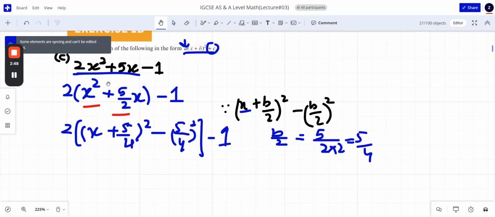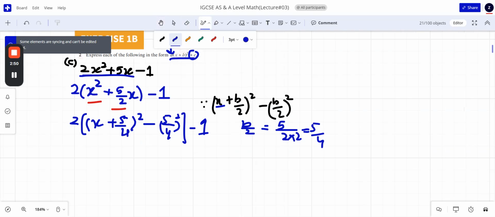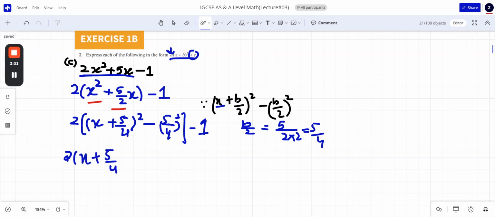So now we will multiply the 2 with these values, and it would be 2 into x plus 5 by 4 whole square, then minus 2 into the square of 5, which is 25, the square of 4 would be 16, and minus 1 we will keep the same.